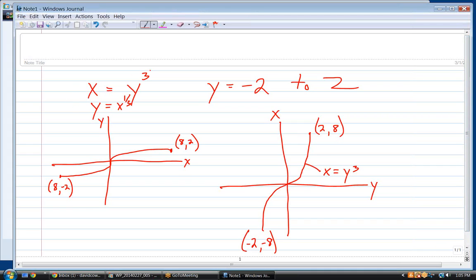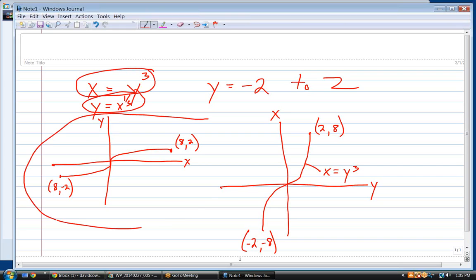In other words, they gave us this function right here, which means y is x to the 1/3. And if you plot that, you get this. And if you were going to do the arc length of this, you'd do it from -8 to 8.